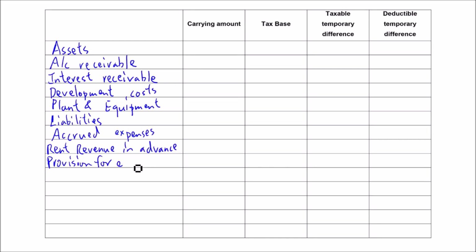I'll just write down EE, like this, for employee entitlement. Okay, those are all the relevant assets and liabilities. As I said, the key objective of this worksheet is to compare the carry amount, which is an accounting amount, with the tax base, which obviously is the tax carry amount.